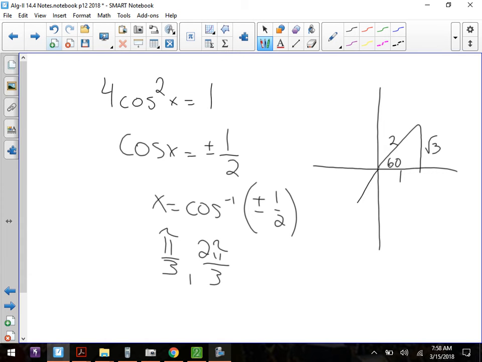If I drop down a third from a whole, I'm adding 1/3 to a whole, which gives me 4 pi over 3. And then lastly, if I'm at 2 pi, 6 over 3, I move down a third. And those are my 4 possible solutions.